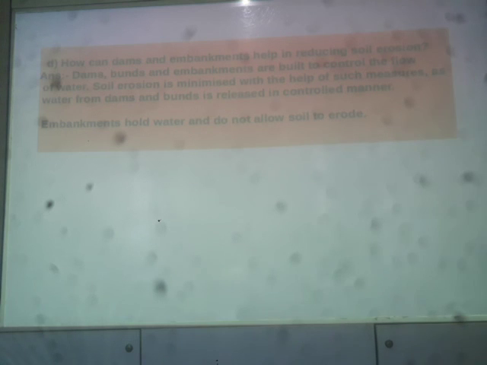They keep the water in an accumulated form, and once the water is accumulated, there is less chance of soil erosion. So in this way, dams, bunds and embankments together prevent and reduce soil erosion.